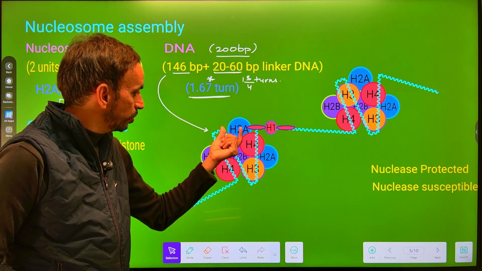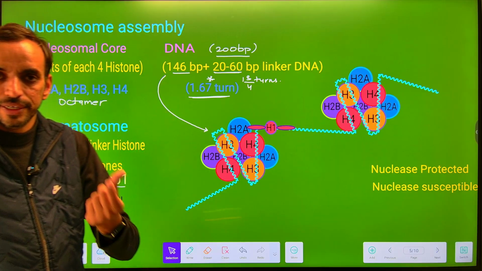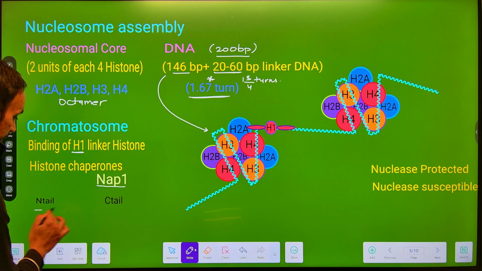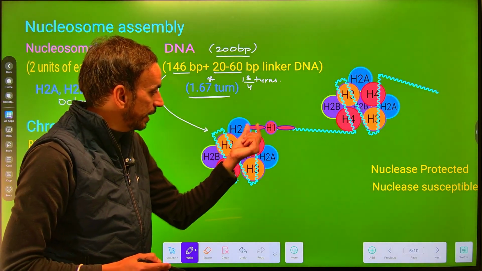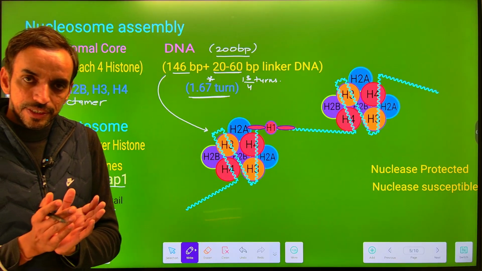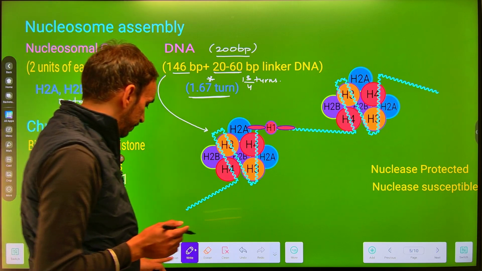So it interacts with both nucleosome as well as with the linker DNA. It is having two tail. One is known as the N tail, while the other tail is known as the C tail. It is having N and the C tail. Now it further covers 20 base pair of the linker DNA.